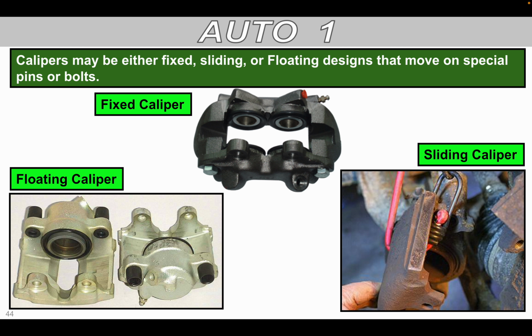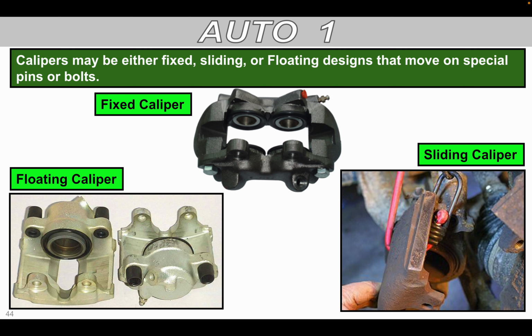All right, how can you compare these two? The floating caliper is going to have guide pins. That is the telltale sign that you have a floating caliper. You know how I told you the caliper is mounted to the bracket?